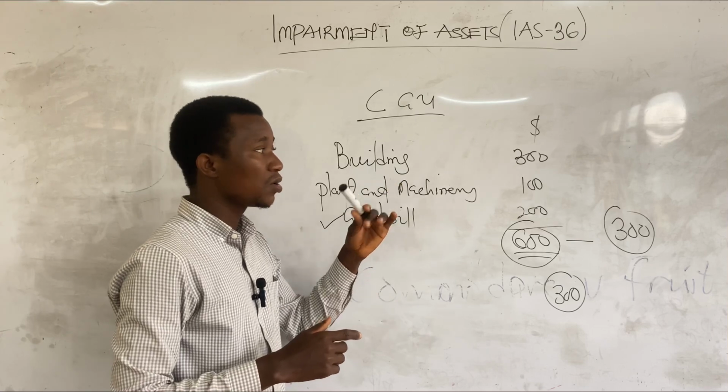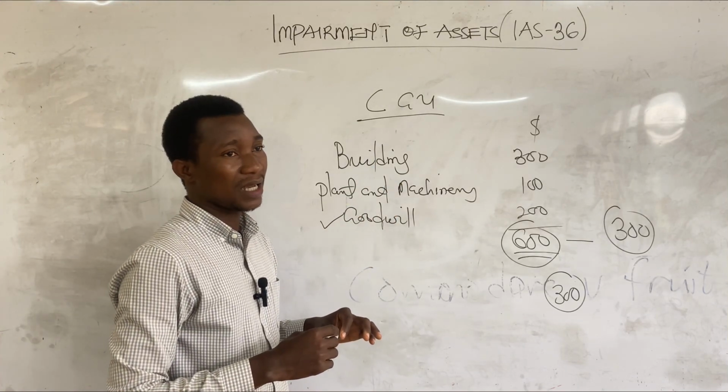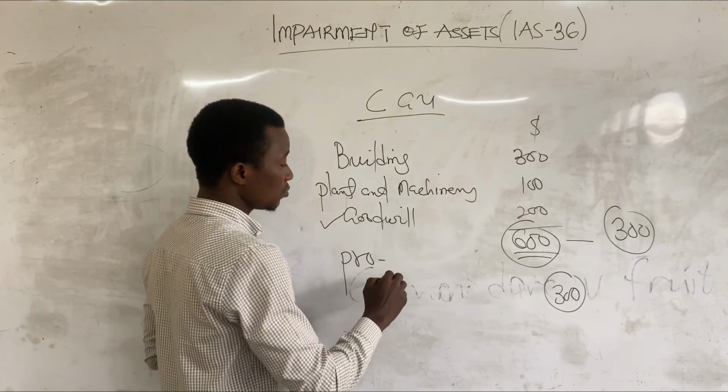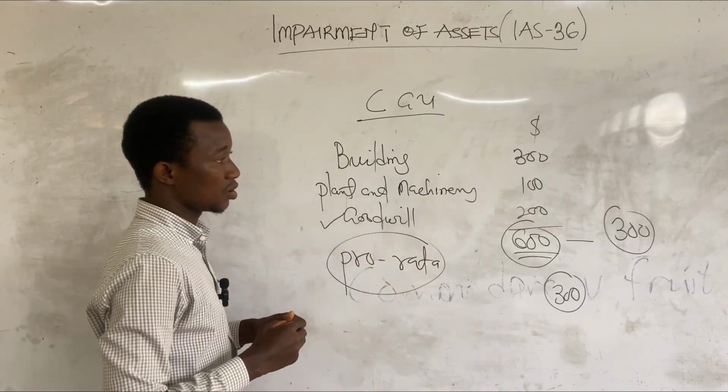Okay, but how do we also allocate it to the other tangible non-current assets? We do that on a pro rata basis. And I will explain this concept as well.